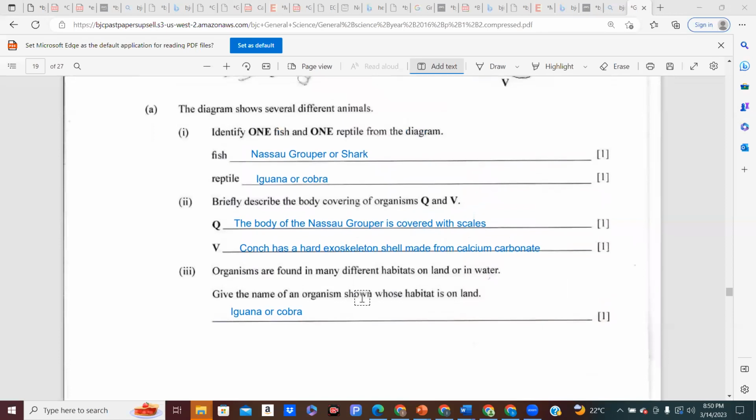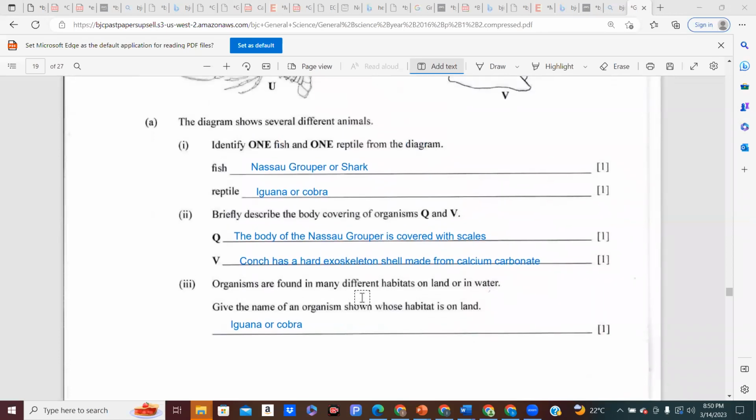Miss Neely, can you describe the body covering of a conch? It has a hard skeleton shell made from calcium carbonate. Okay. So it has a hard exoskeleton shell that is made from calcium carbonate.